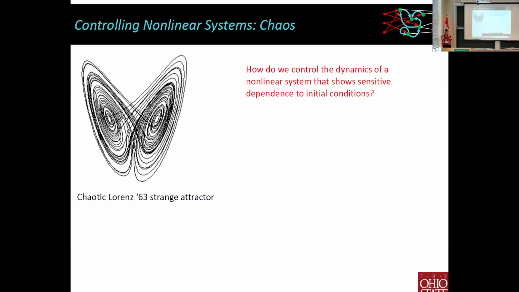So now when we're faced with something that shows something as complicated as chaotic dynamics, this is the Lorenz attractor, and hopefully we're familiar with it. The question is, how do we control something that is as complicated as this? The linear controller might only work at a tiny point in the phase space, but it's not going to work over the entire space.